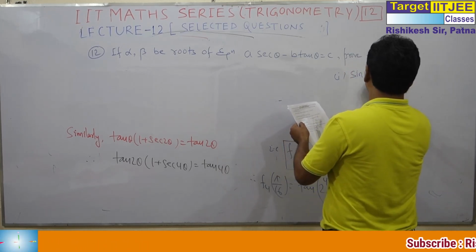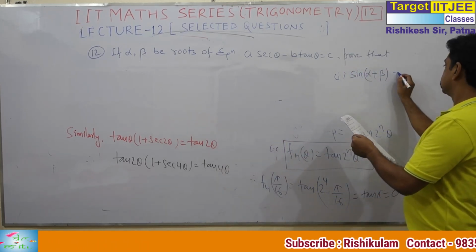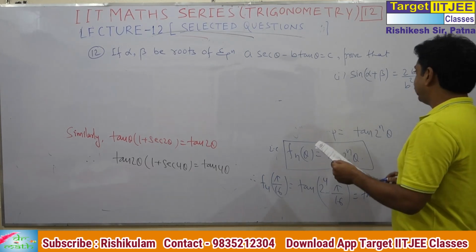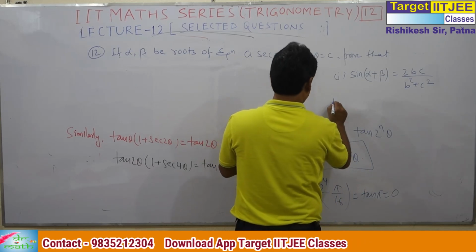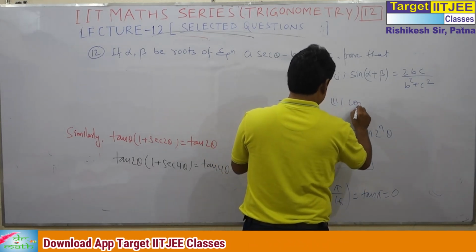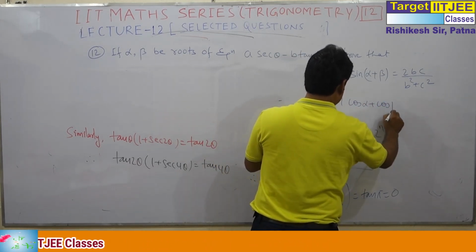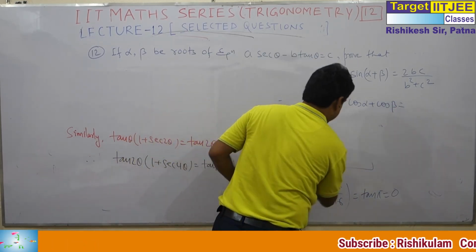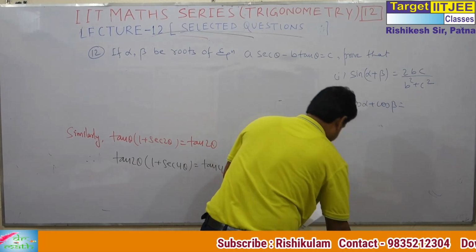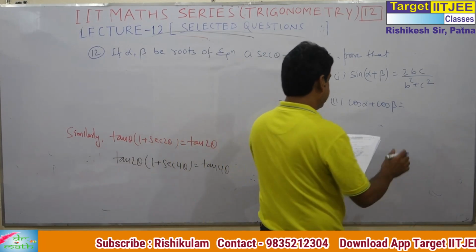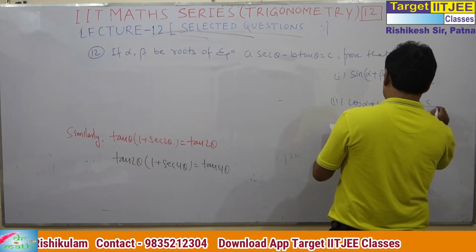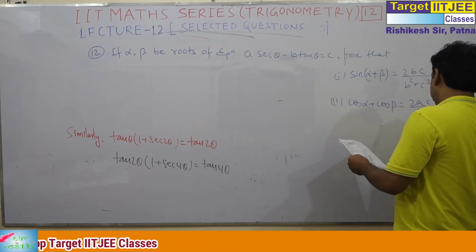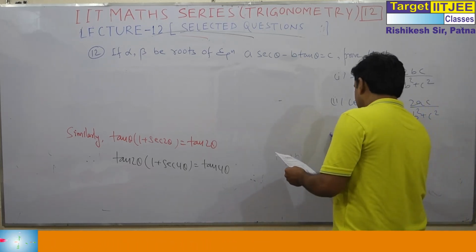Sin alpha plus beta is 2bc by b square plus c square, that I have done in video 5. Cos alpha plus cos beta. What is cos alpha plus cos beta? So cos alpha plus cos beta here is 2ac upon b square plus c square. Okay. And what is cos alpha into beta?